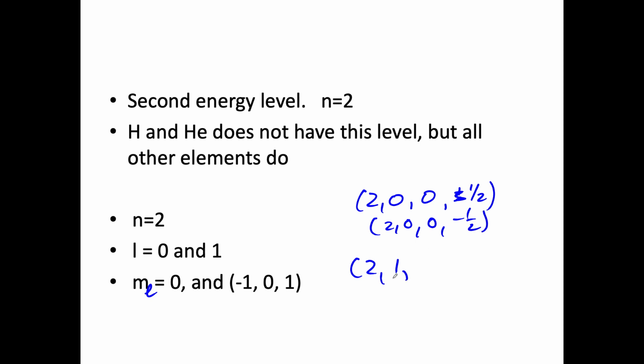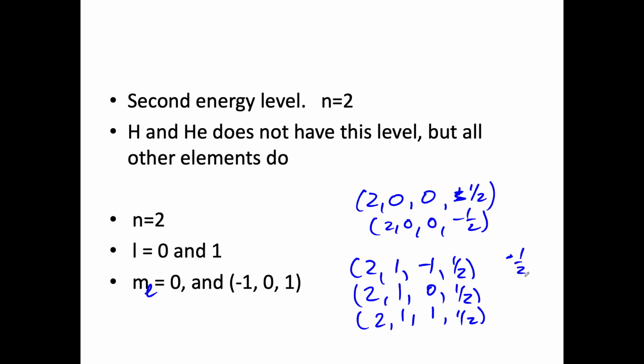Now for when l is equal to 1, we have m sub l of minus 1, 0, or 1. You see that these quantum numbers are now getting unique, and these are all positive 1/2, and we also have negative 1/2.